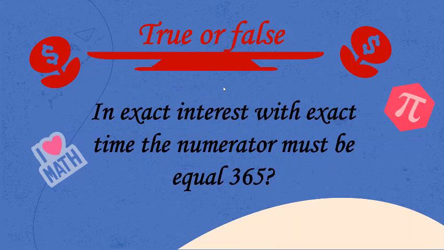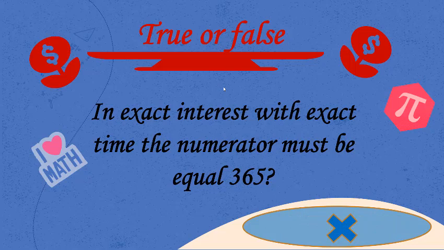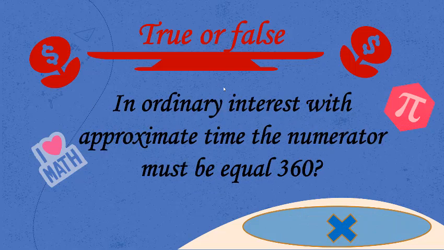In exact interest with exact time, the numerator must equal 365. Focus on the numerator. Of course, it's false. In ordinary interest with approximate time, the numerator must equal 360. It's false.